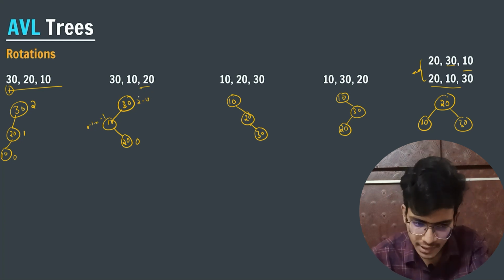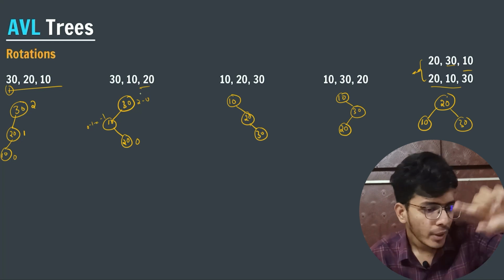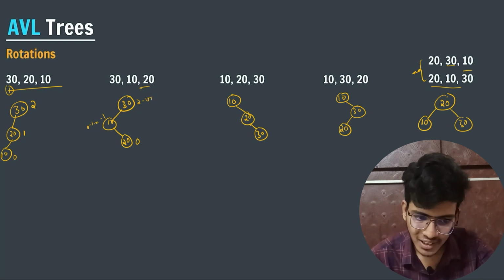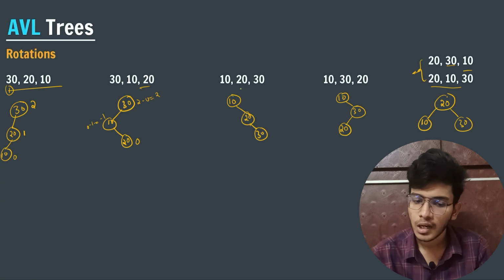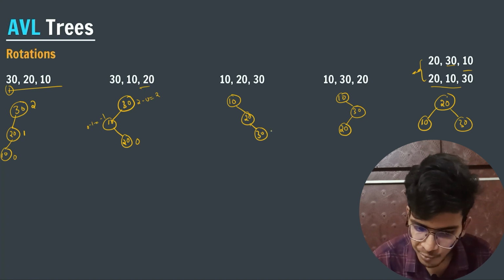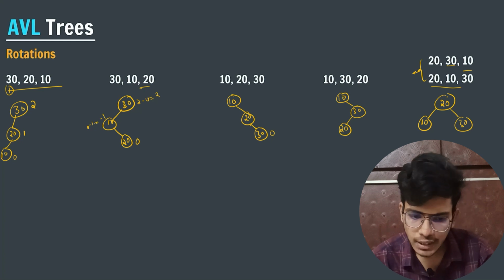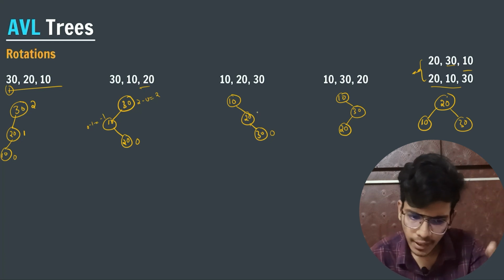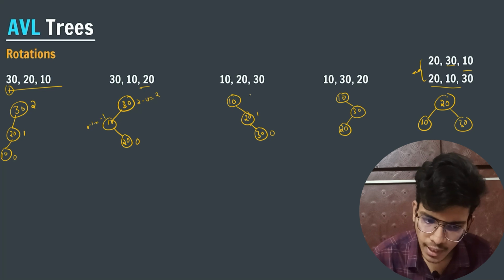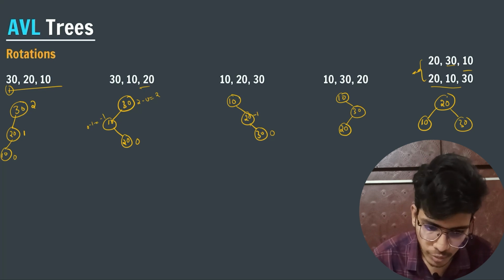For this 30 node, there is no right height, but the left height is 2, so 2 minus 0 will give me 2. Now you can see that for this structure, the balancing factor of 30 is 2 and the balancing factor of 20 is left height is 0, right height is 1, so this will give me 1. And similarly minus 1, this will give me minus 1 and this will give me minus 2.